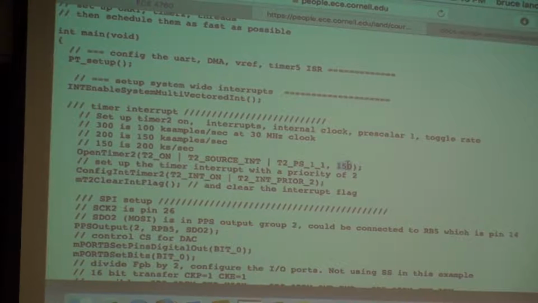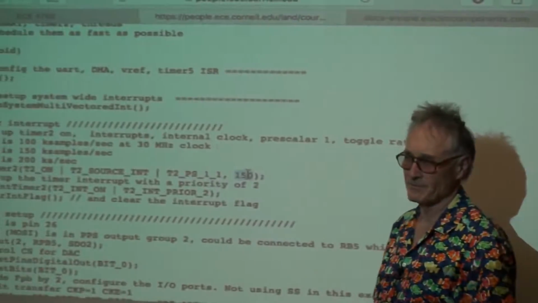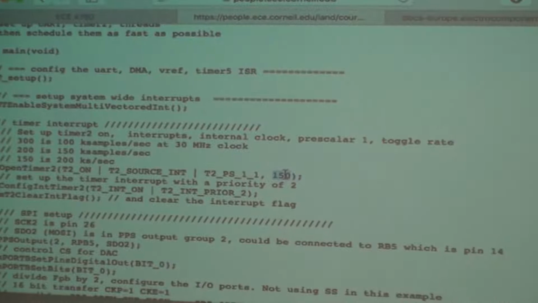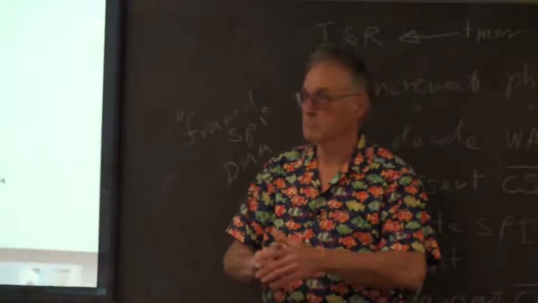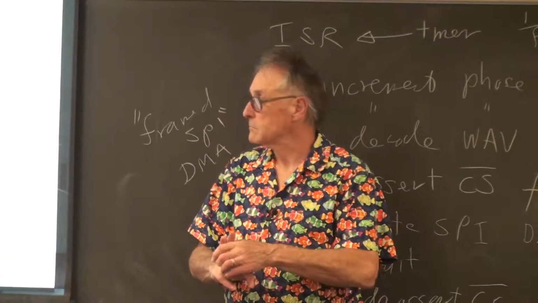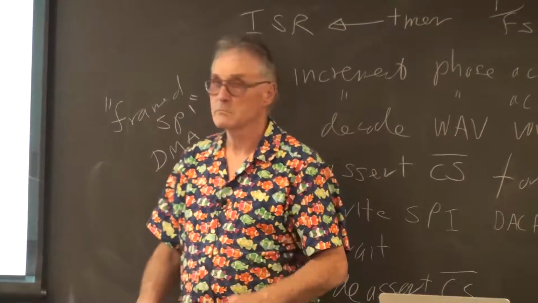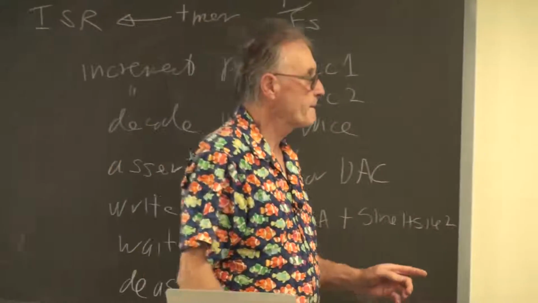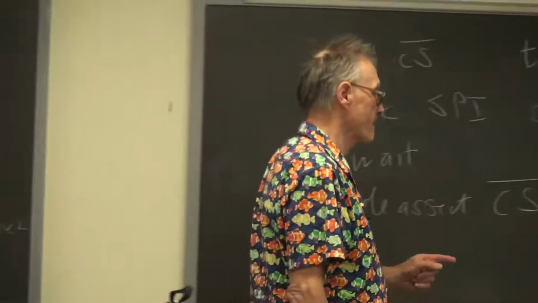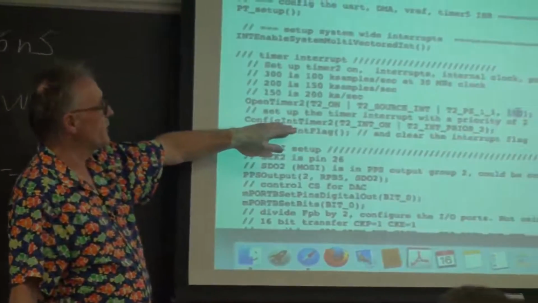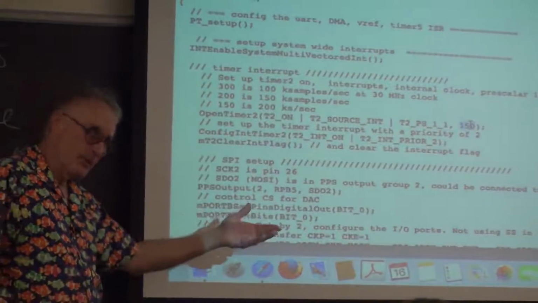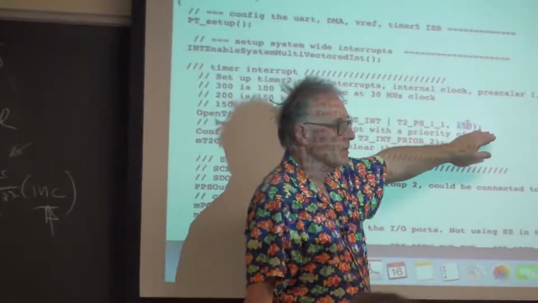Shouldn't it be like 150 plus 1? It actually should be 150 minus 1. Yes. So the timer timeout controls the interrupt, which is then going to be your sample rate. So the timer period is what sets the sample rate.